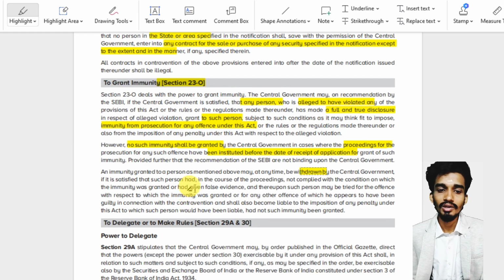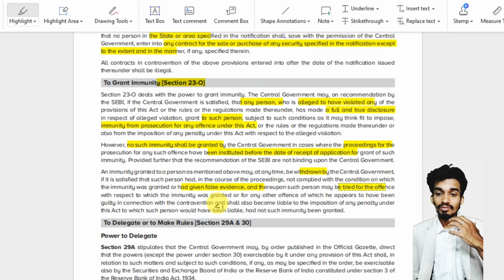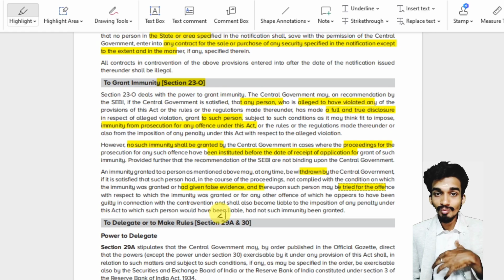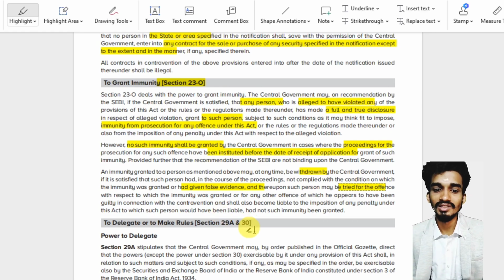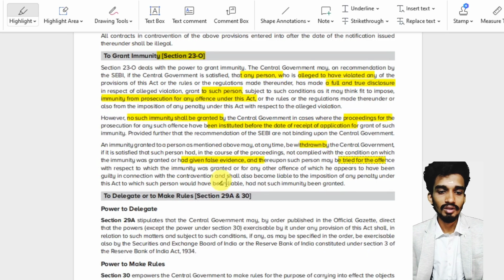So for any false information, or if tried for the offense with respect to which immunity was granted, after getting the immunity, so you're gaining the immunity for the purpose of doing the offense itself, it shall be withdrawn. Okay, that is your grant of immunity.